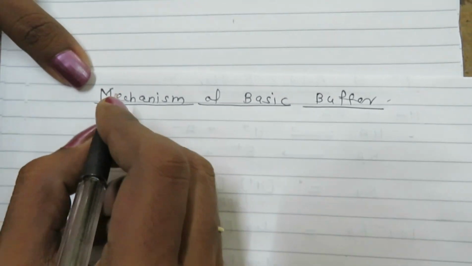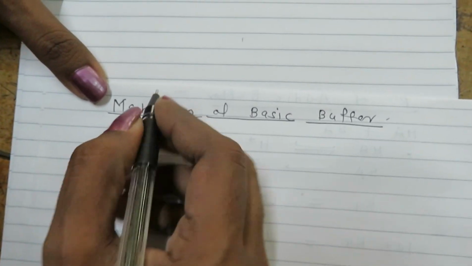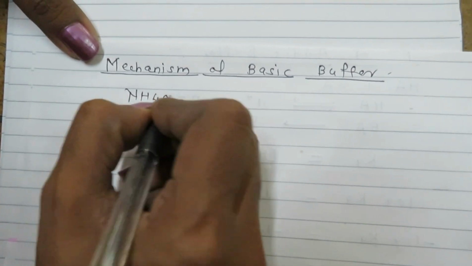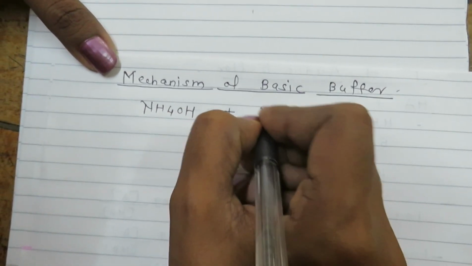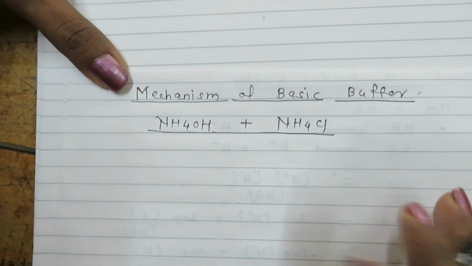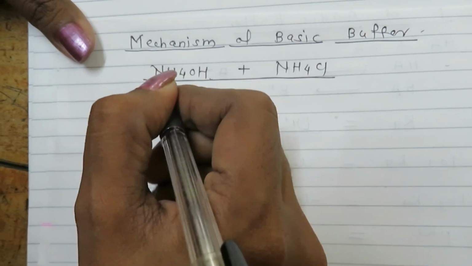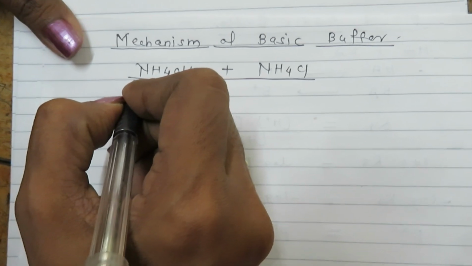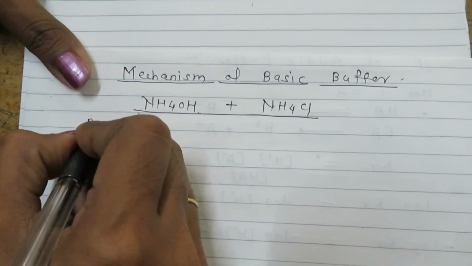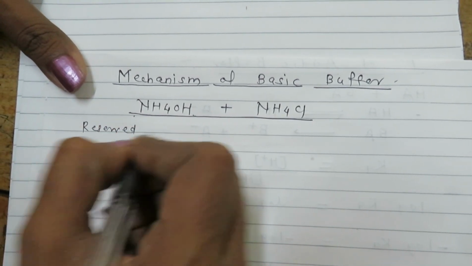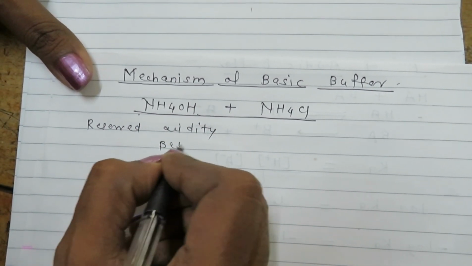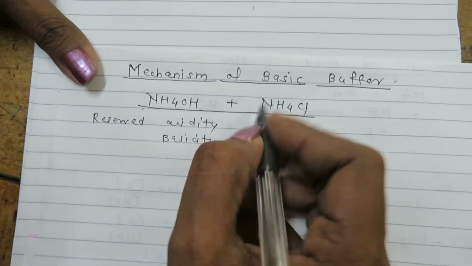Now we will consider the mechanism of basic buffer. For that, take example of basic buffer, which is NH4OH weak base and its salt NH4Cl. As in case of acidic buffer, here also there are reserved acidity and reserved basicity.